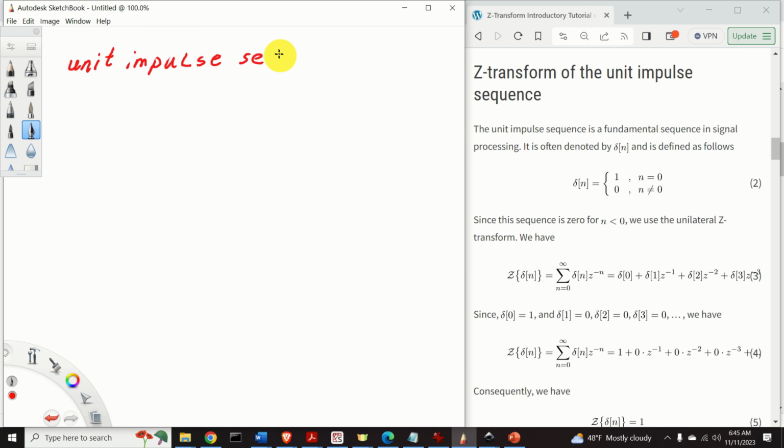This sequence is defined like this. Delta of n is equal to 1 when n is equal to 0 and 0 when n is not equal to 0.